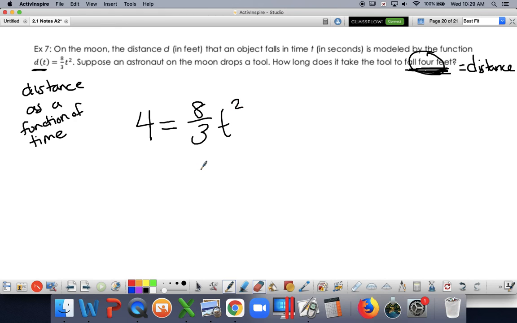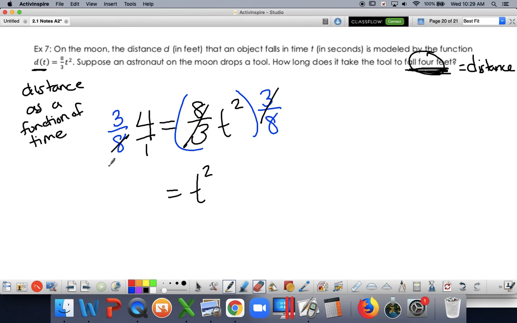So just like our previous example where we could divide by 8/3, but it makes more sense to just multiply by the reciprocal. When I do that, right, my 8/3 and my 3/8 cancel out, so I just wind up with t squared on this side. And on my other side, when I multiply fractions, I wind up with 3/2.